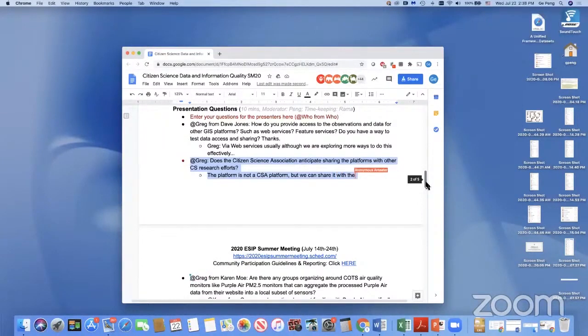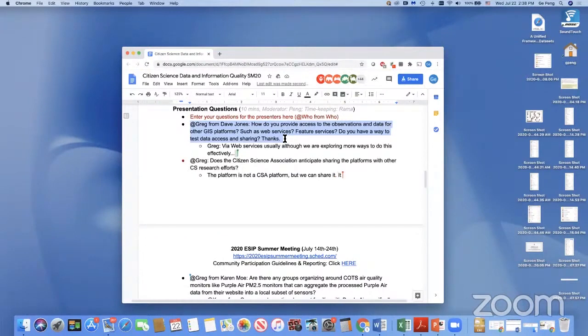Thank you. For those who cannot see the Google Doc, I'm going to read the question from David Jones. That's already been answered by Craig. I'm just going to read them out and ask if there's any additional feedback. So the question was, how do you provide access to the observations and the data for other GIS platforms such as web services, feature services?